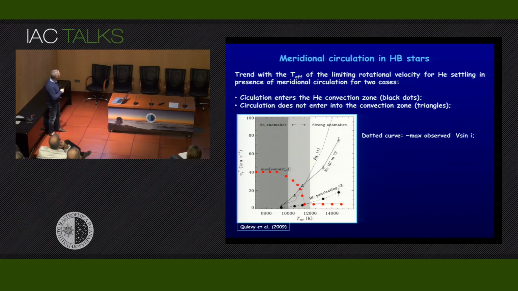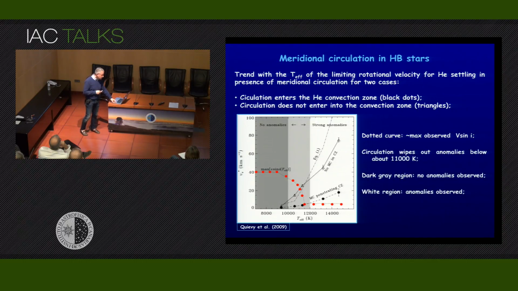Also, hot stars rotate at lower velocity, a velocity that is lower than the minimum velocity that you need to have efficient meridional circulation, and so these stars can really show strong chemical anomalies. Okay, so they say rotation and radiative levitation are in some sense linked. If the stars rotate fast enough, they can completely erase the effect of levitation. This is the reason for which we observe stars that are hot enough, rotating fast, but they do not show any evidence of radiative levitation.